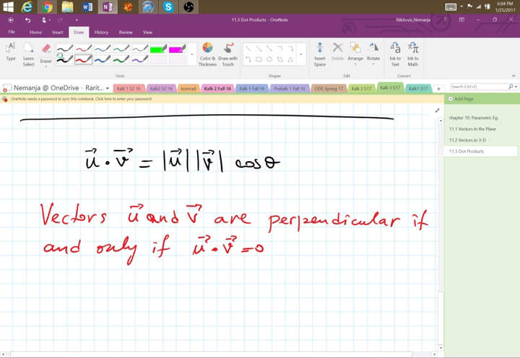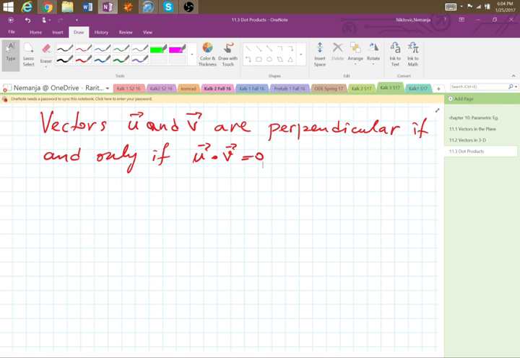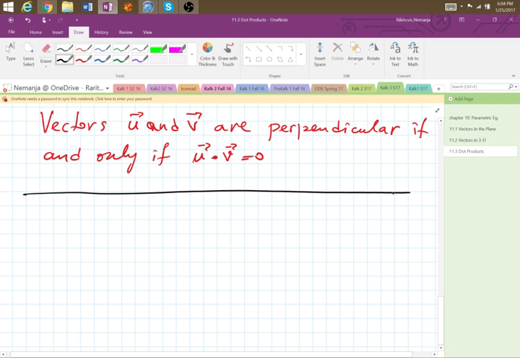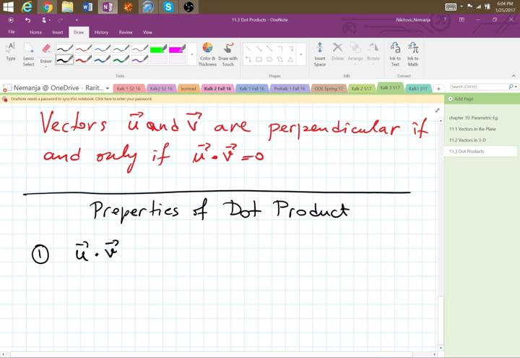Properties of the dot product. Commutative property: u dot v is the same as v dot u.